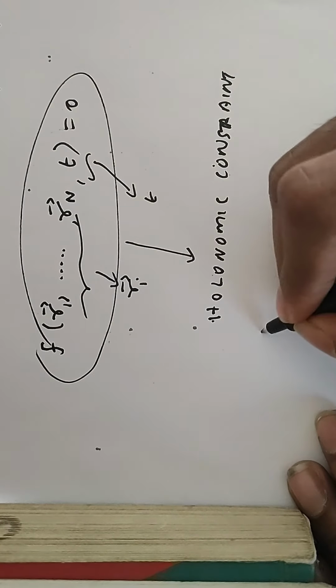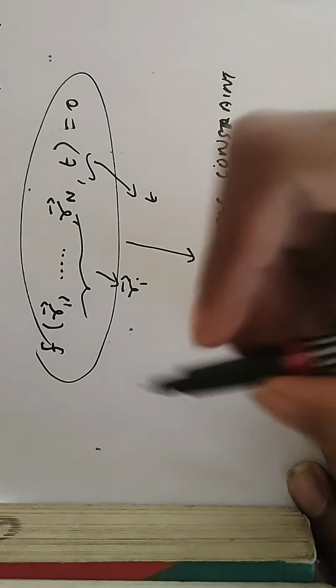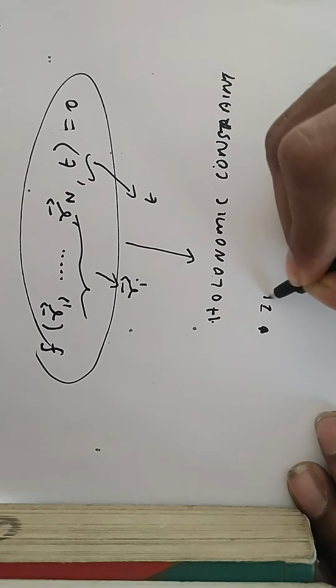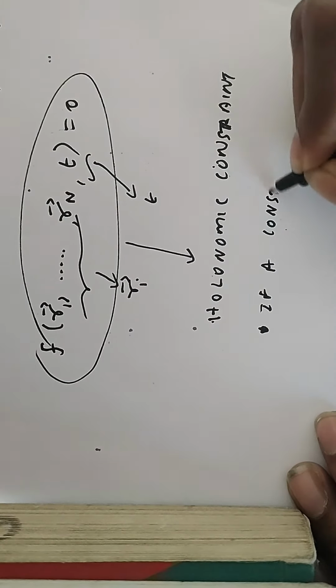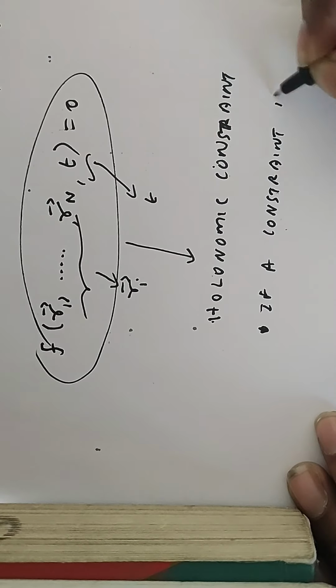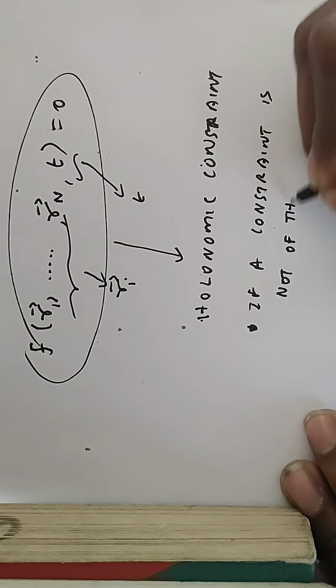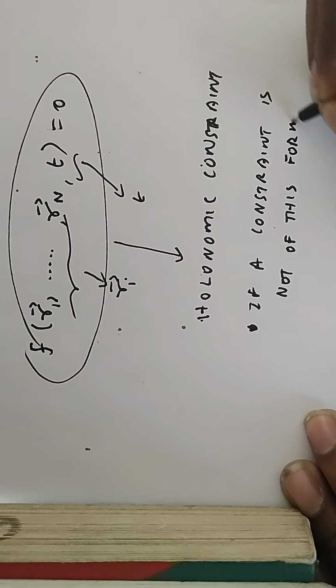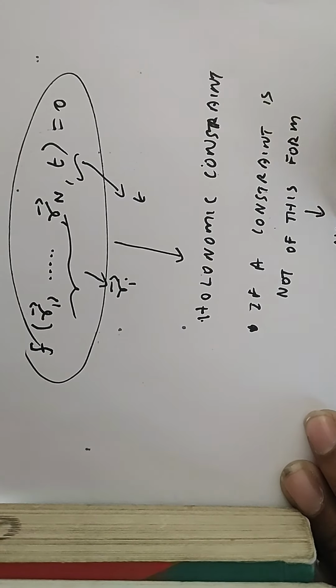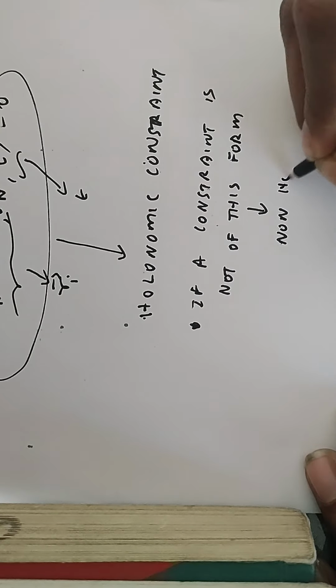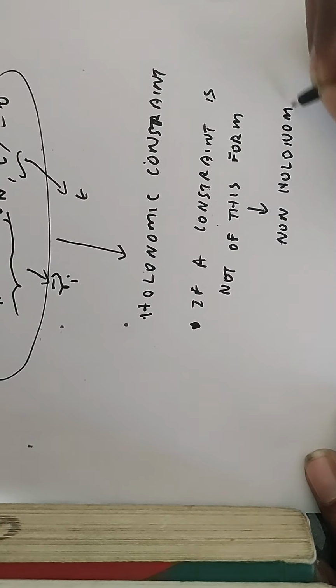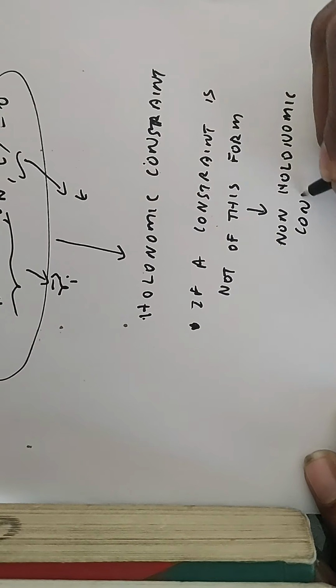If a constraint is not of this form, we say it is a non-holonomic constraint.